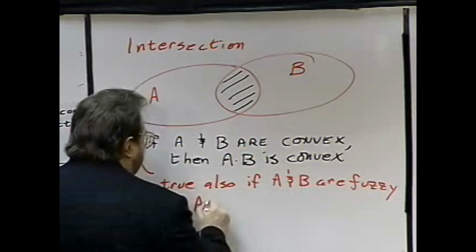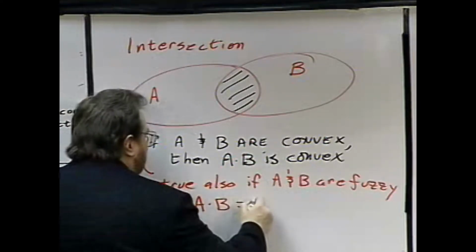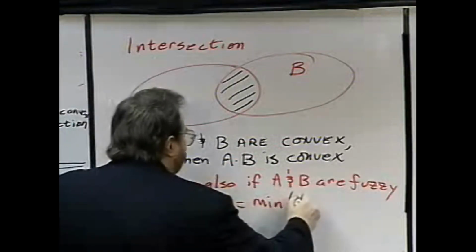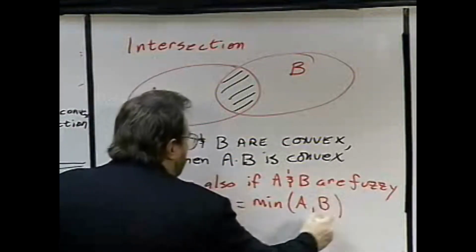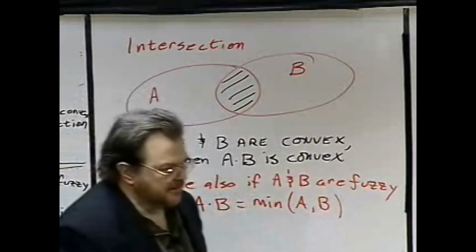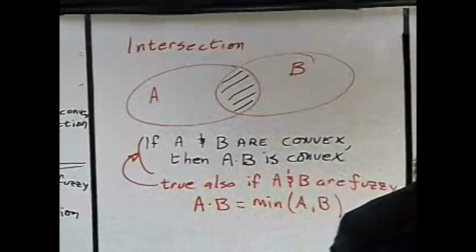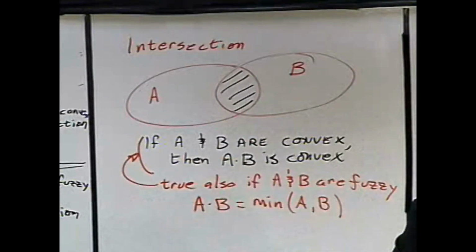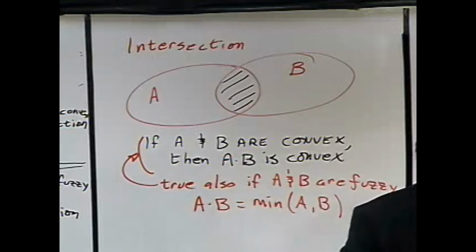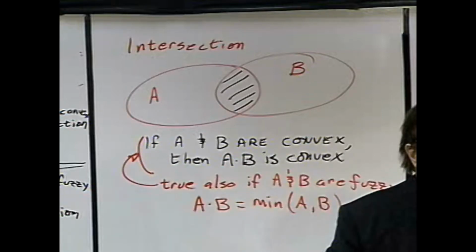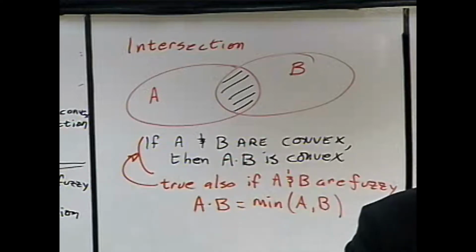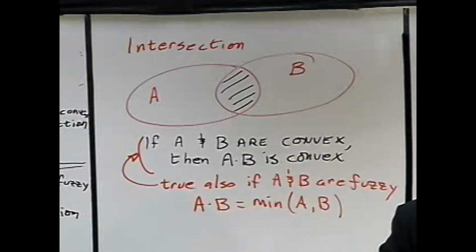Then A intersect B, if we use the Zadeh intersection, which is the minimum of A and B, is indeed a convex set in itself. I have a proof in your notes that you can take a look at. Anybody like me to go through the proof? You guys are not real big proof people, are you? You want to get this down and use it. I hope that's your motivation in life.